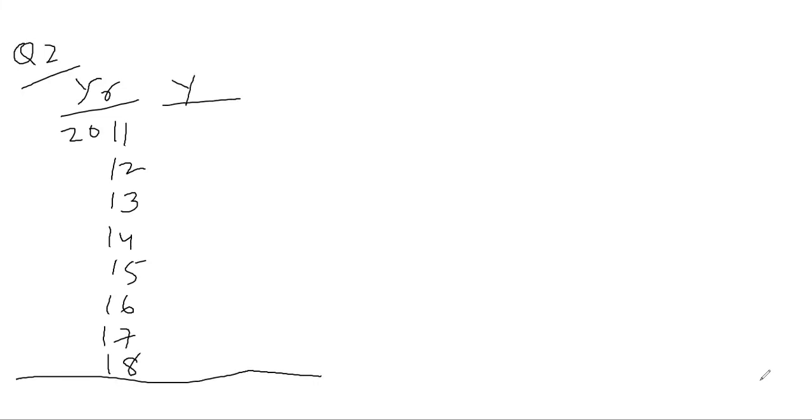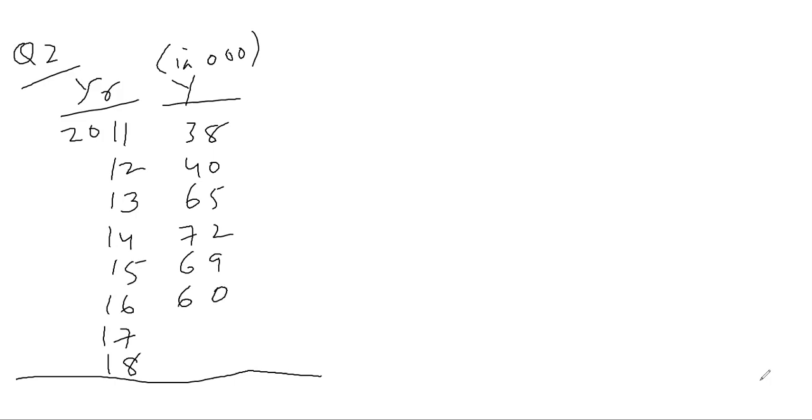The demand values in 1000 are given. So it is your 38, 40, 65, 72, 69, then 60, 87, and 95. Okay. What is your n here?